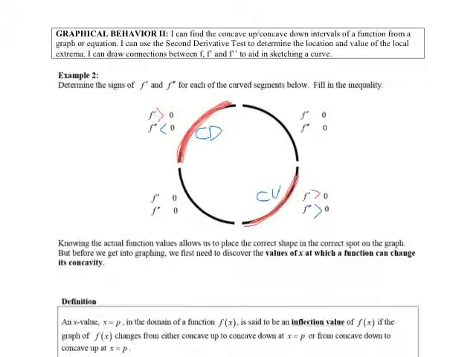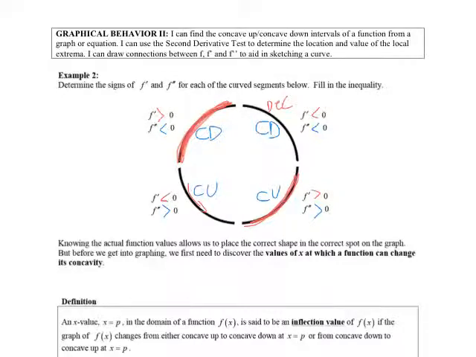Switching to the other 2 pieces, we have a function that's decreasing, so our first derivative is going to be negative, and this function is also decreasing, so our first derivative is negative. And this function is concave down, so our second derivative is negative, and this one is concave up, so our second derivative is positive.